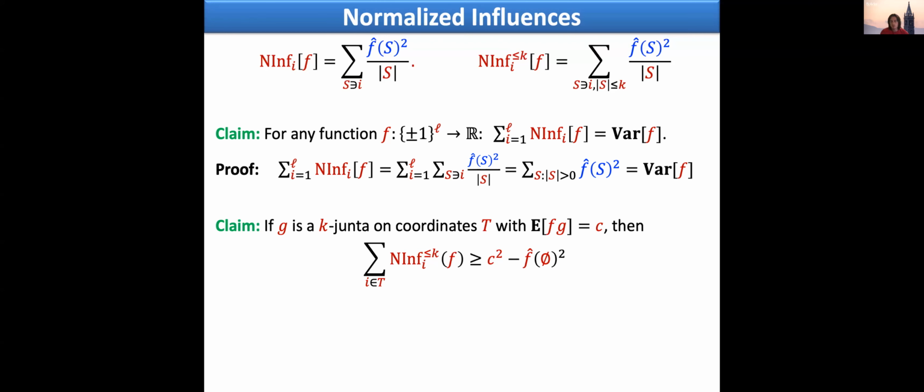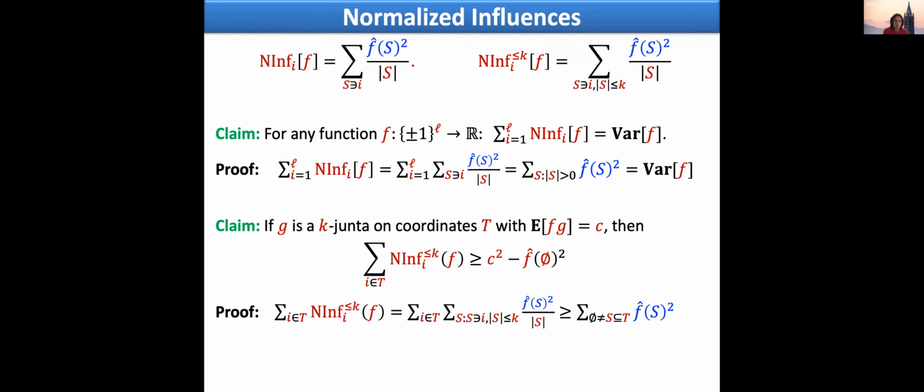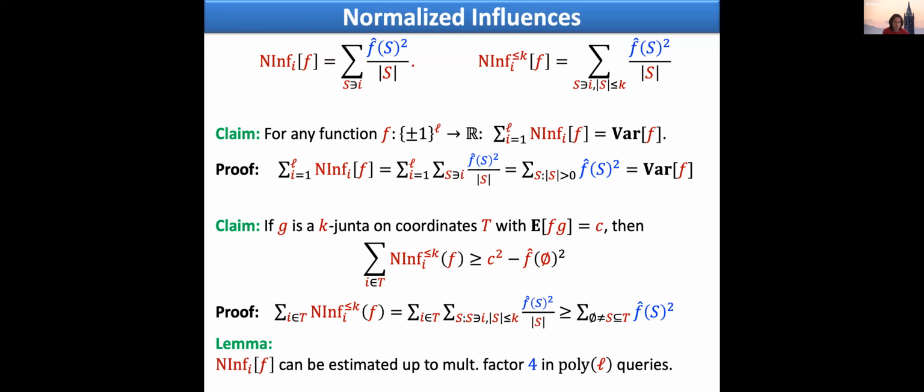But ignoring the empty Fourier coefficient and treating c as a constant, this is very nice for us, as we're about to see. So the proof again is a very simple one-liner, and it's almost the exact same logic as the previous proof, so I won't dwell on it too much. One of our main technical lemmas, though, is that this normalized influence can be estimated up to a multiplicative factor of 4 in a polynomial in k many queries.